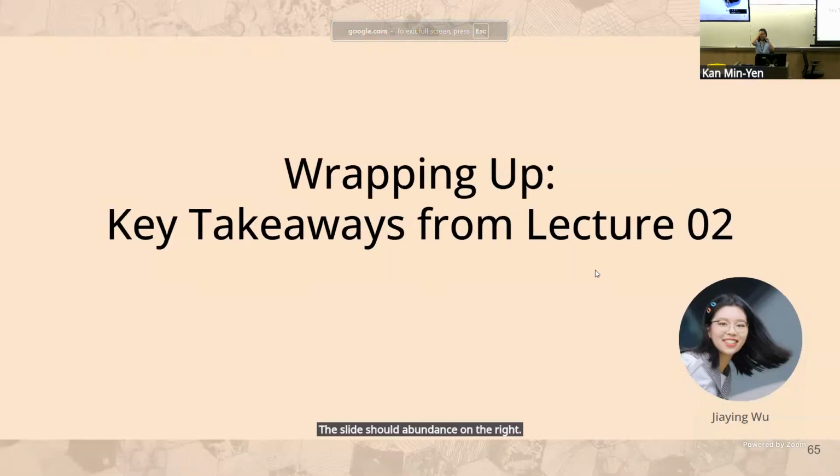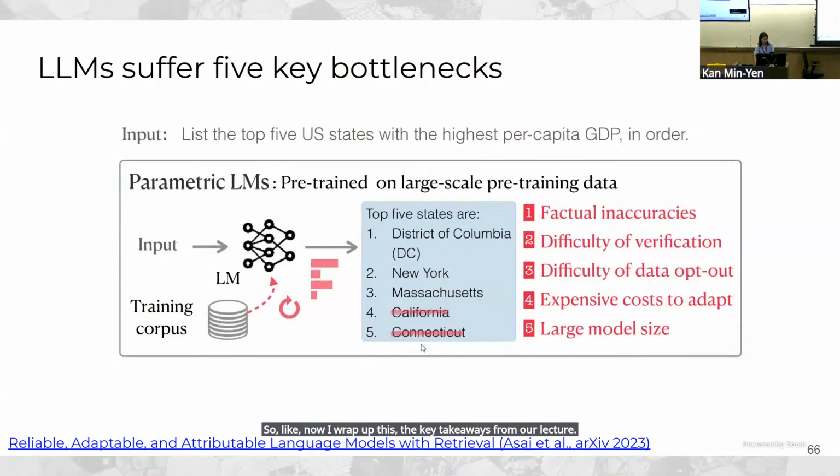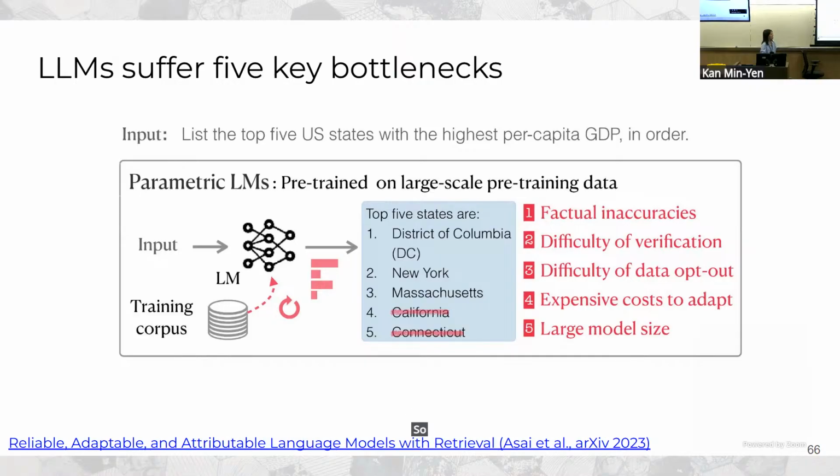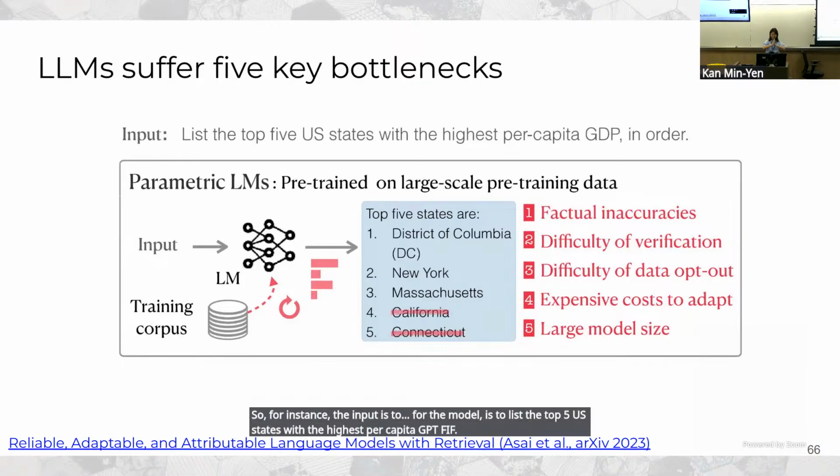Okay, so now I wrap up the key takeaways from our lecture. Large language models, while they are very powerful, can suffer from 5 key bottlenecks as we have outlined earlier. For instance, the input for the model is to list the top 5 US states with the highest per capita GDP in order.